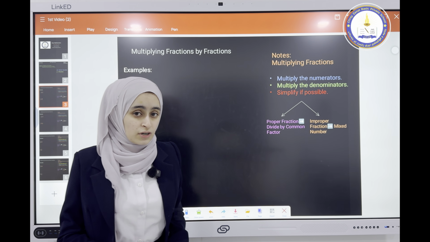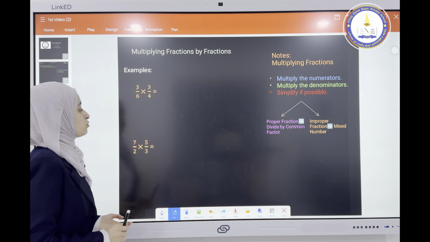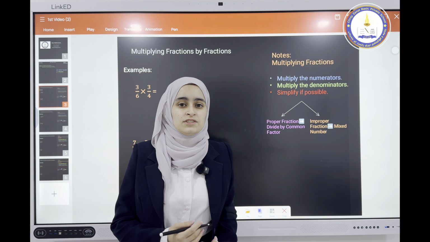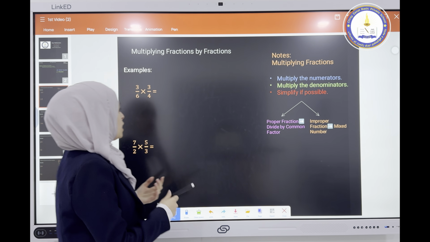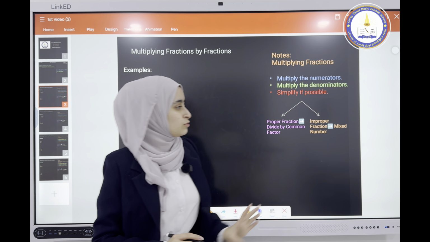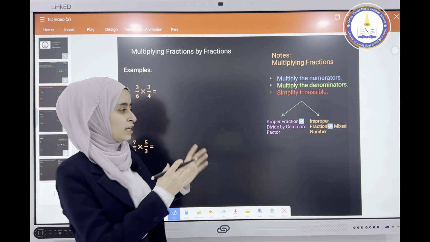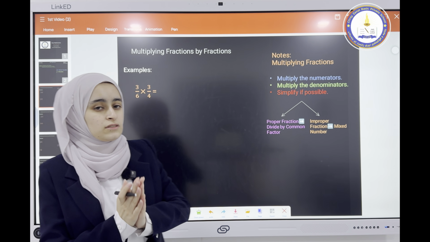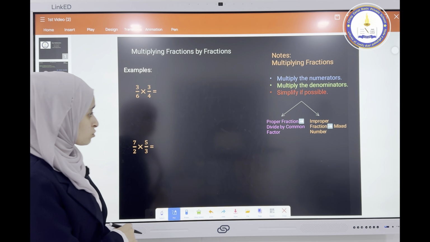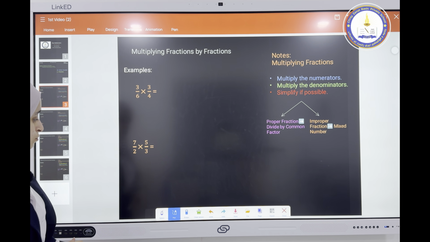We will not focus on the denominator. We don't have to ask whether we have a common denominator or a different denominator. We will just do it by these rules, not looking at whether it is the same denominator or different.